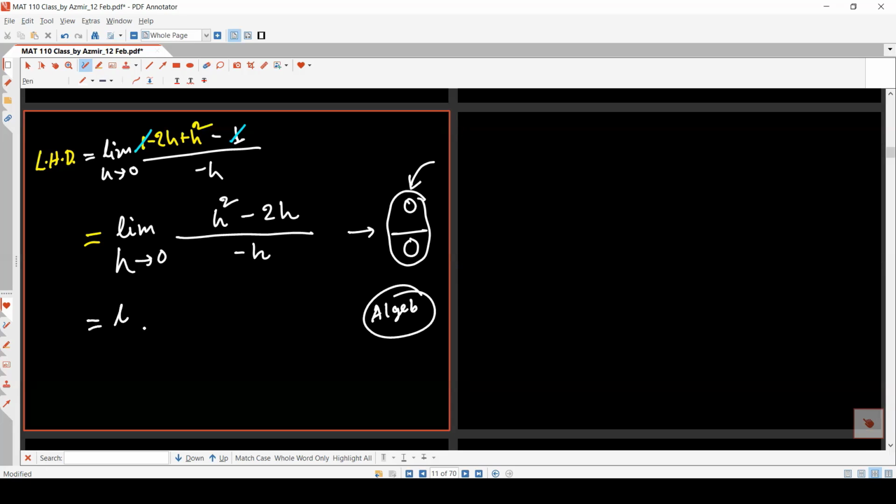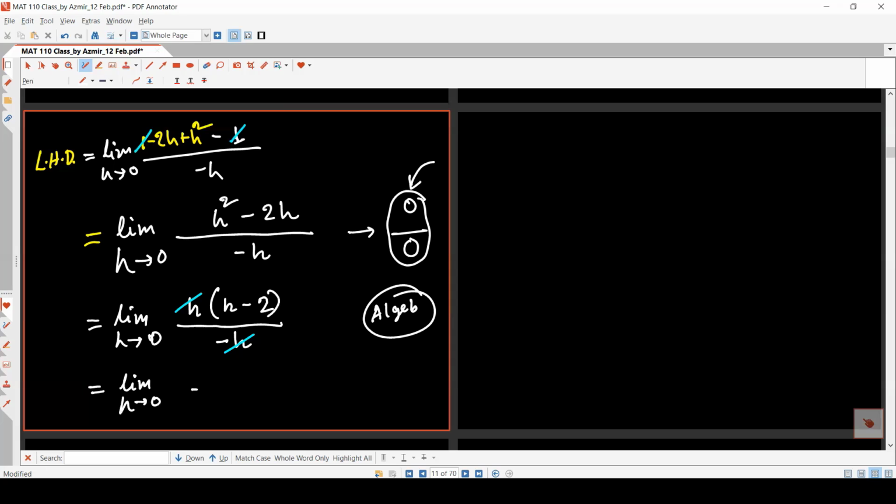Limit a tends to 0. We can take a as the factor. So we have a times (a minus 2), divided by minus a. Now we can simplify again. So here we have limit a tends to 0.